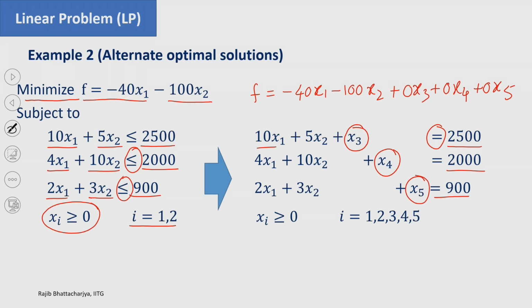If I consider x 1 and x 2 as non basic variables, they will be equal to 0. And x 3, x 4 and x 5 are basic variables. So, the initial basic feasible solution is x 3 equal to 2500, x 4 equal to 2000 and x 5 equal to 900, and the objective function value is f equal to 0. Okay. So, that is the initial solution I can have.